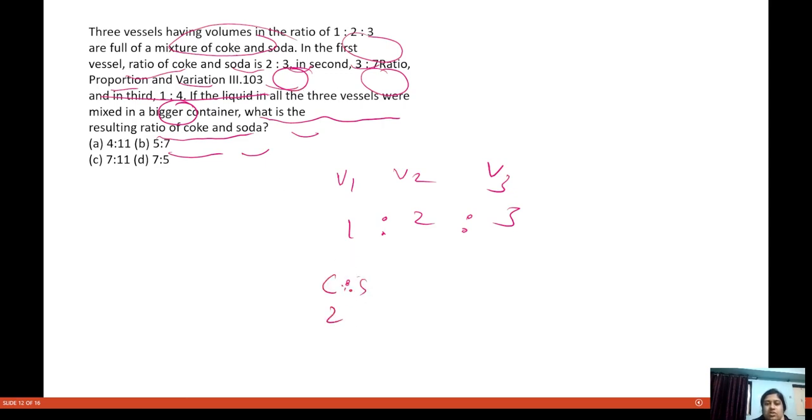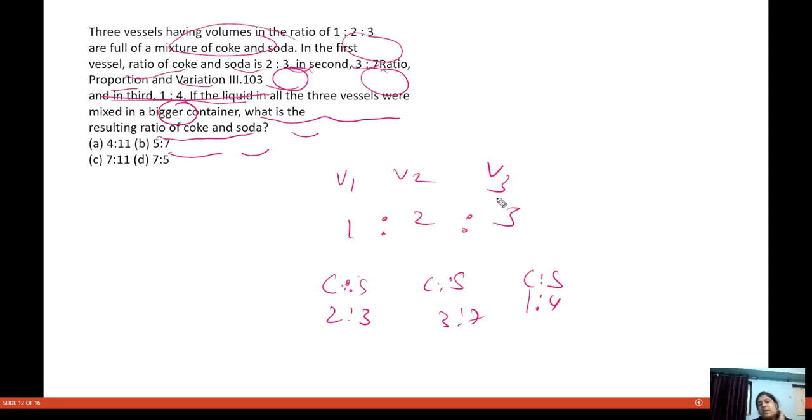In the second vessel the ratio of coke to soda is 3 is to 7, and in the third vessel the ratio of coke and soda is 1 is to 4. If the liquid in all three vessels is mixed in a bigger container, what is the resulting ratio of coke and soda?